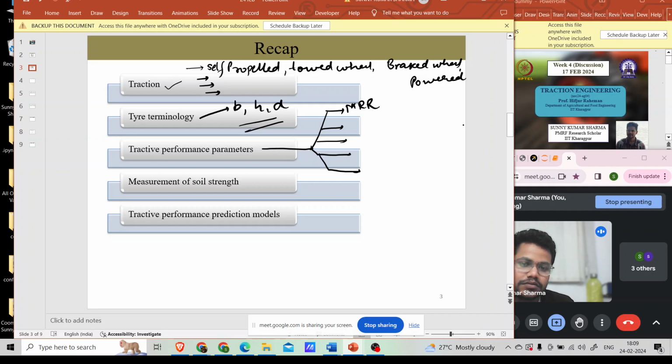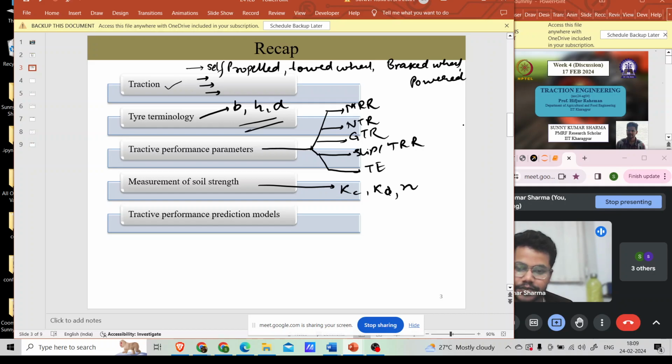Motion distance ratio, traction ratio, net traction ratio, loss traction ratio, gross traction ratio, slip or travel reduction ratio. Last one, tractive efficiency. Measurement of soil strength, we have already done how to find Kc, Kphi and n. Do you have any doubt here? Everything is clear, I think.